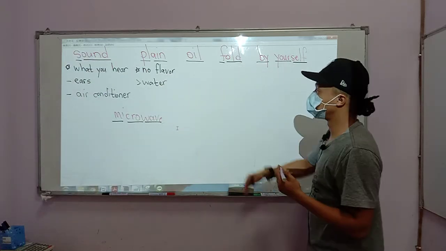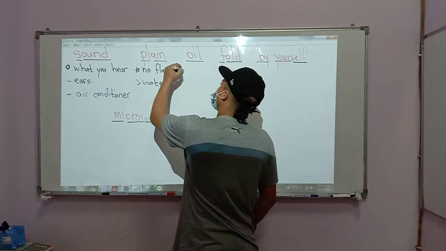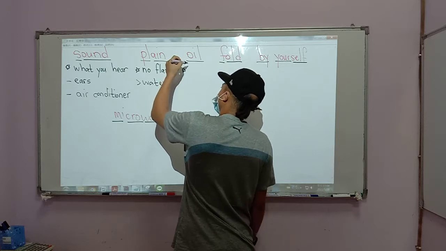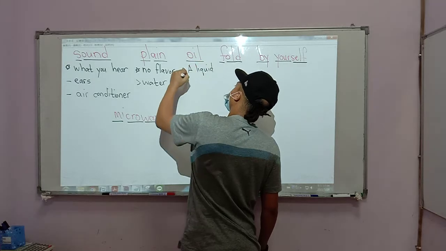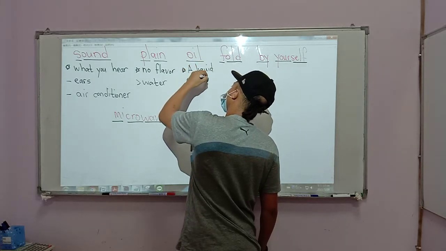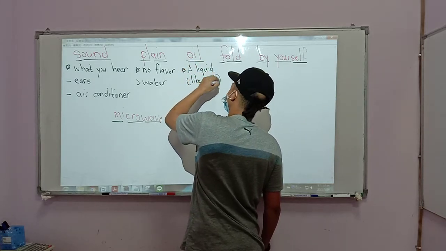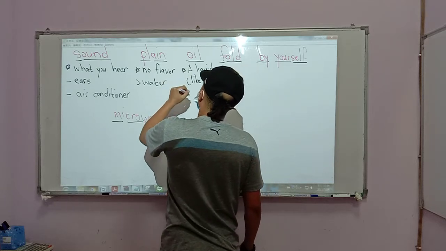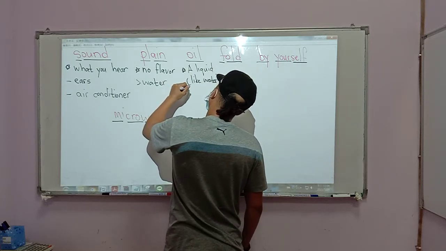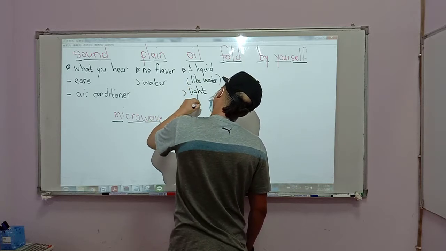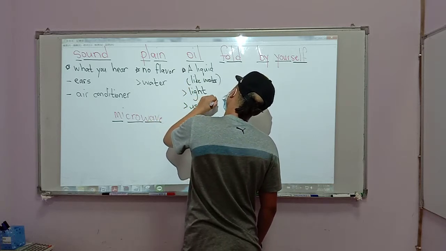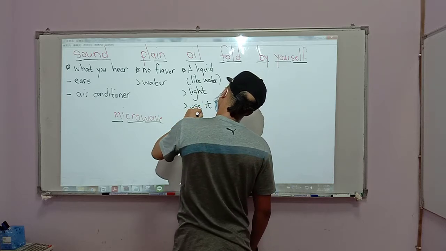Okay. Next one over here is oil. Alright, oil, it is a liquid, so it is like water, okay, and oil is very, very light, and we use it to cook.